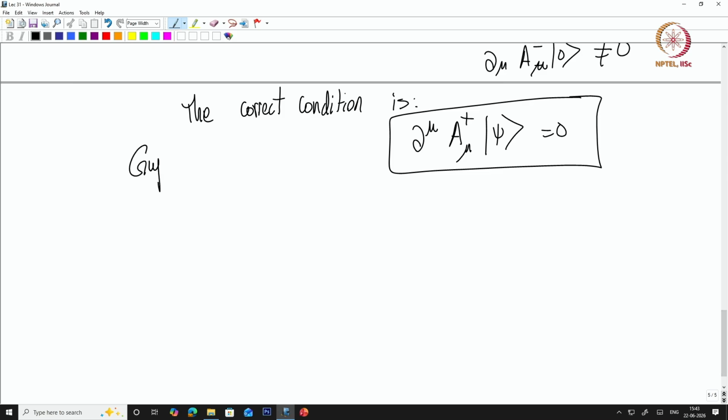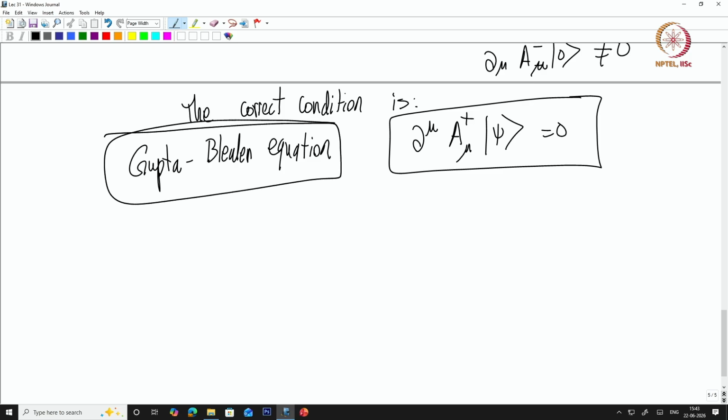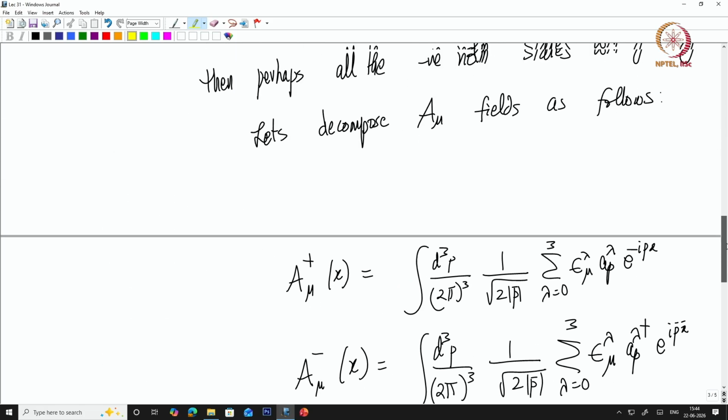This relation is one of the famous relations in quantum field theory. This is called the Gupta-Bleuler equation essentially. So, let me just revise essentially that you need to impose the quantization condition, but you do not impose it directly.